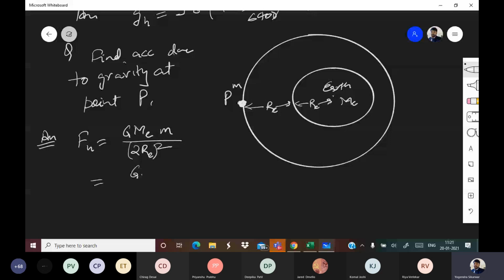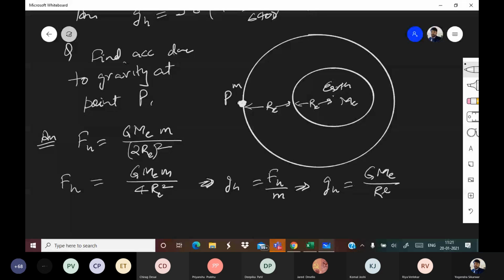So this is F_H. So g_H will be F_H by M, so g_H will be G M_E upon R_E squared into 1 by 4. So g_H is equal to g_S by 4. g_S is 9.8, so 9.8 by 4, and you will get the answer.